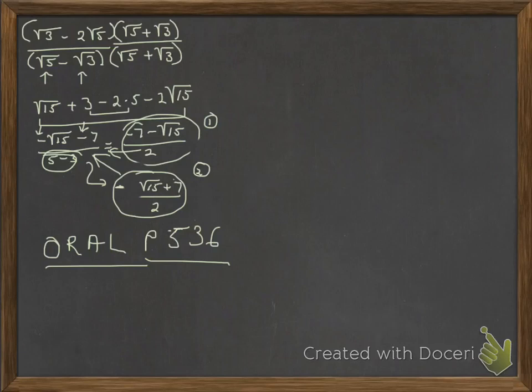The conjugate is the same terms with the different sign. So the first one would be square root of 3 minus the square root of 2. B, the square root of 5 plus the square root of 7. Very easy idea here. C would be the square root of 11 plus 4. And D would be 9 minus the square root of 6. Not changing any term, just changing the sign.